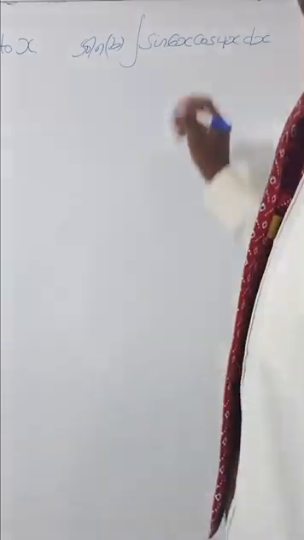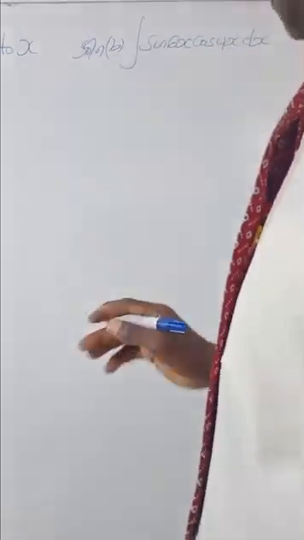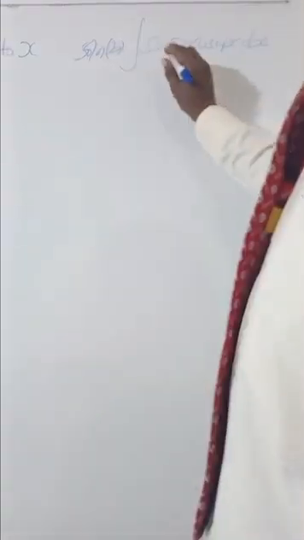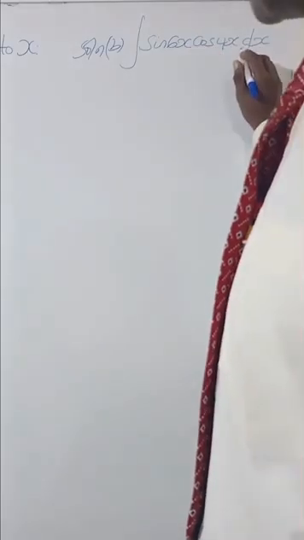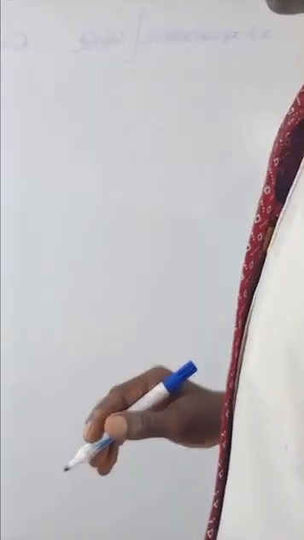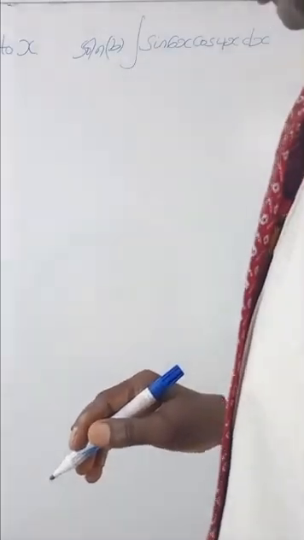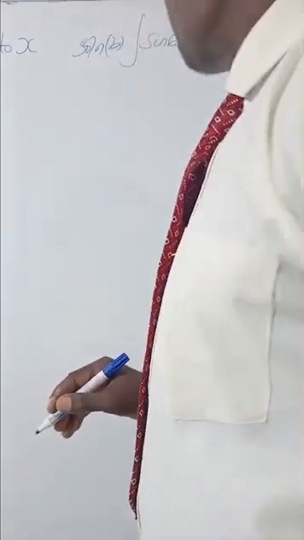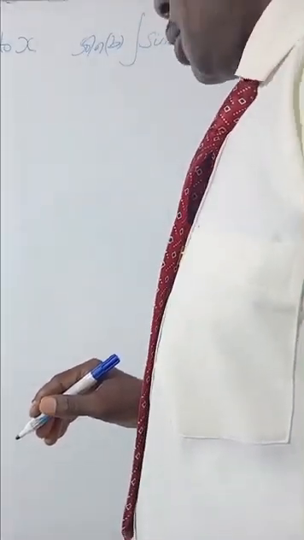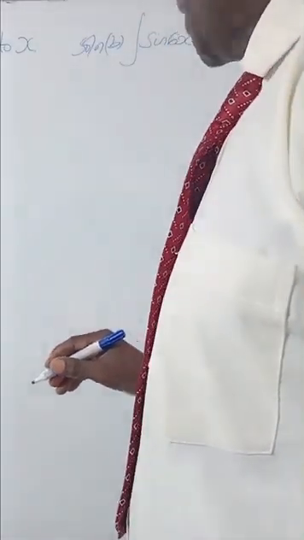Now here we have the product of two terms. One is sine and the other one is cosine. The integration of this kind can be carried out using the concept of factor formulae in trigonometry.